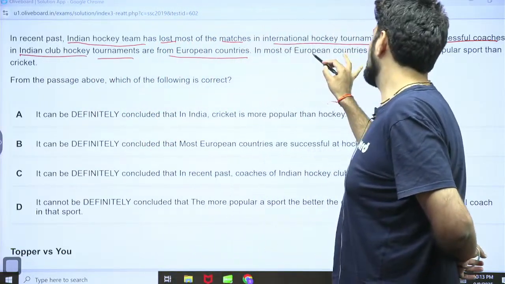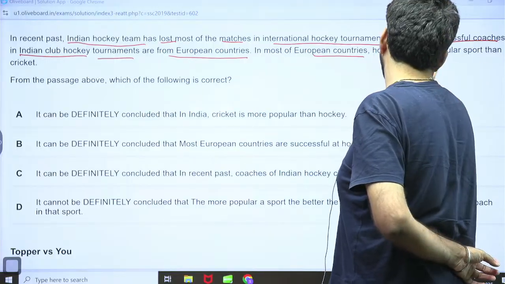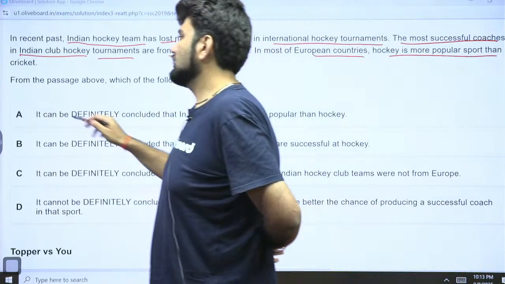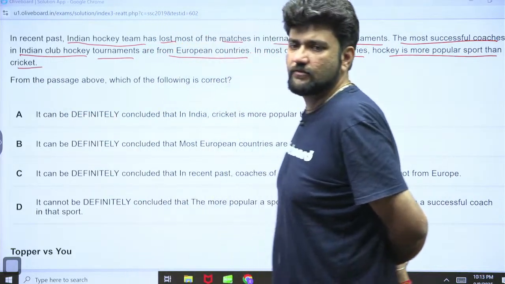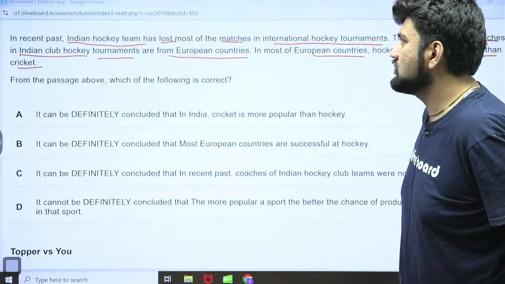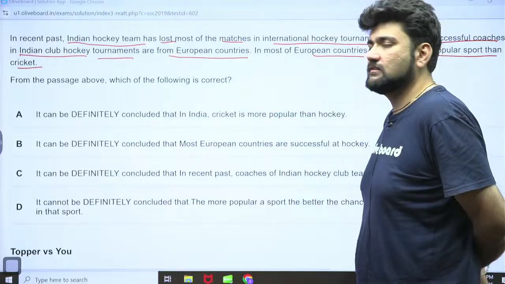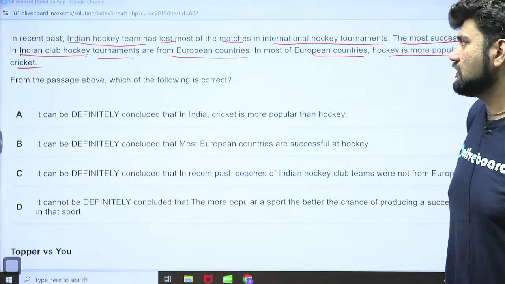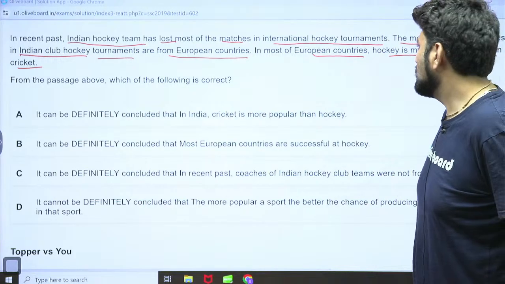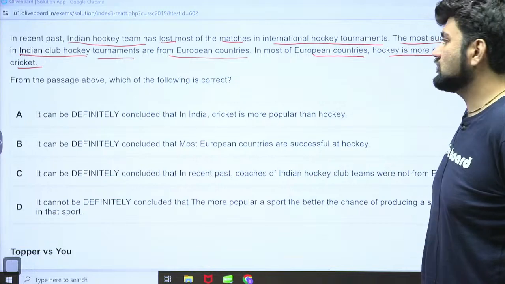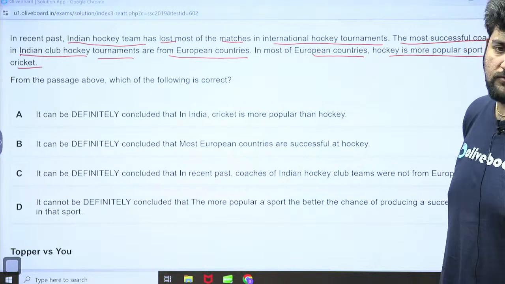In most European countries, hockey is more popular sport than cricket. Three things they have spoken about: the national hockey team, which is losing international hockey tournaments; the Indian club hockey tournaments, where the successful coaches are from European countries; and the third says that hockey is more popular as a sport than cricket in most of the European countries.